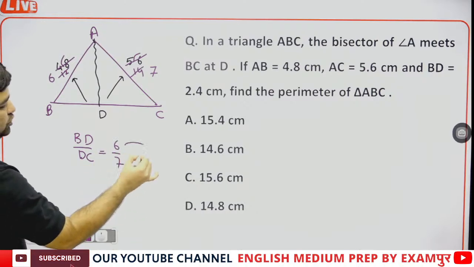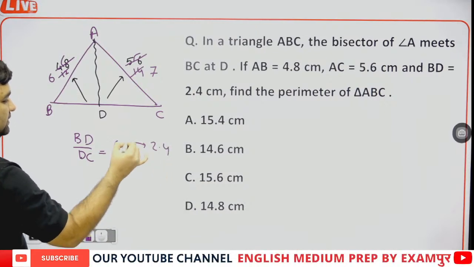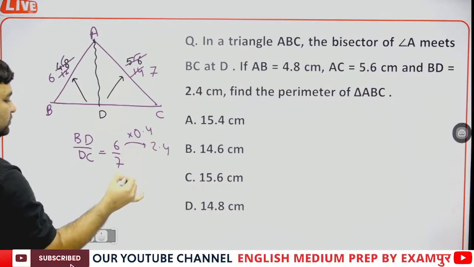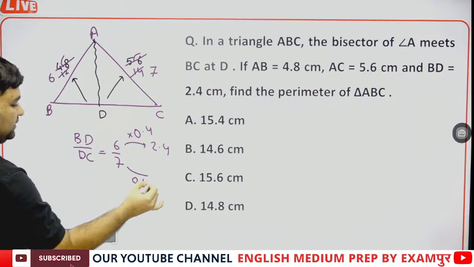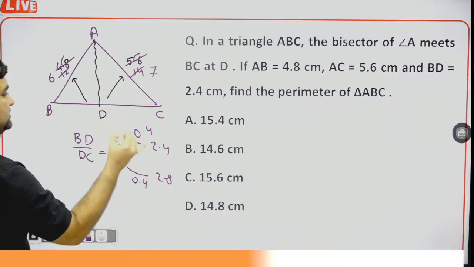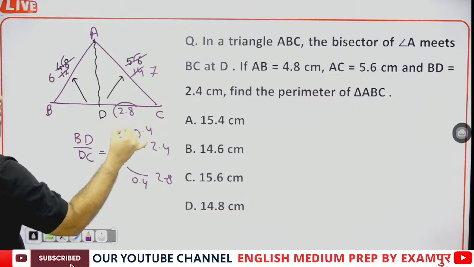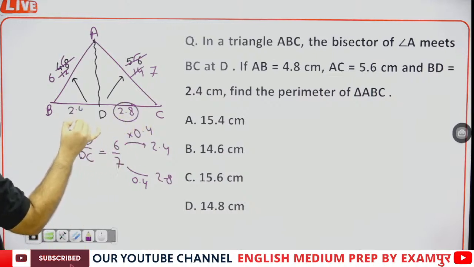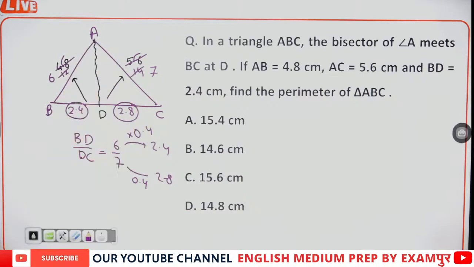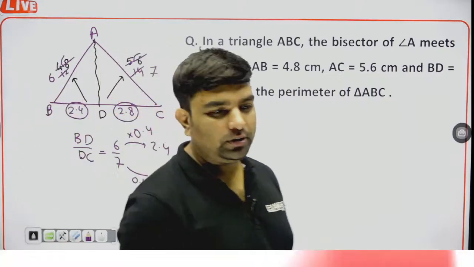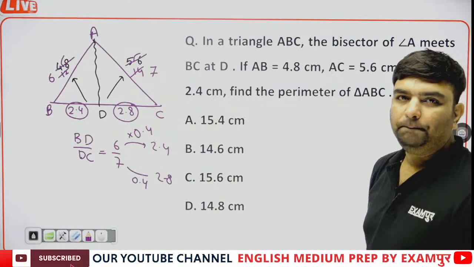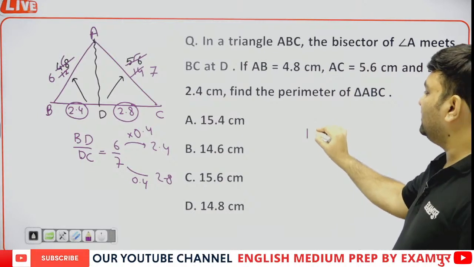BD is given as 2.4. 6 into 0.4 is 2.4, so 7 into 0.4 is 2.8. So this is 2.8, and these were originally known. Perimeter is about adding all the sides.